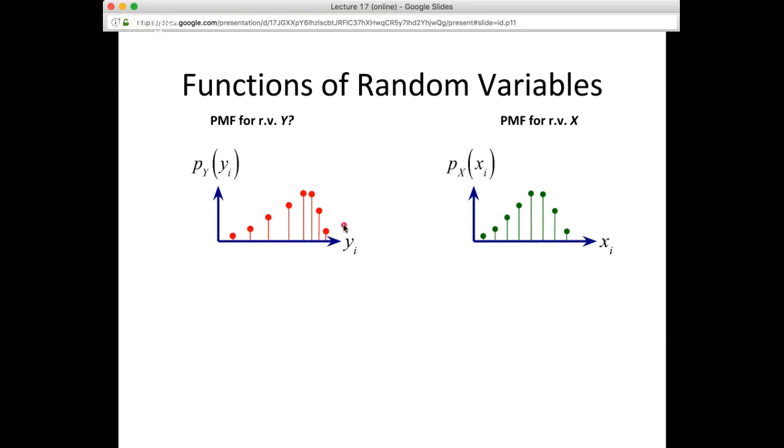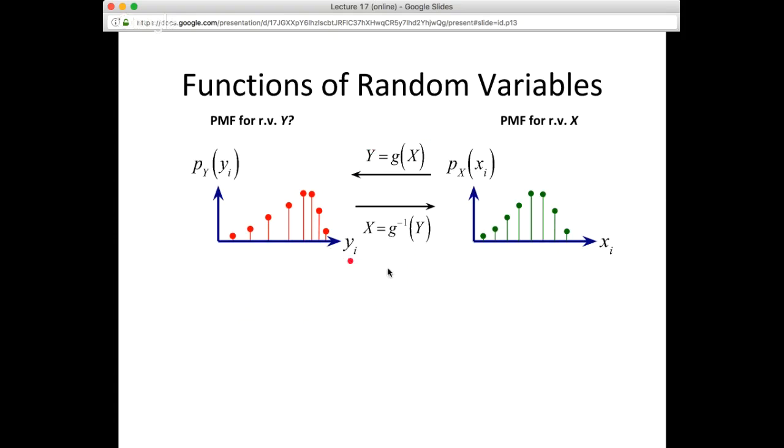And what we'd like to do is derive from this PMF for the random variable x a new PMF for the random variable y. So we don't know where these balls are going to be located or necessarily what their probability will be. We want to derive a function for that, given a functional relationship between the random variables y and x given by g here.